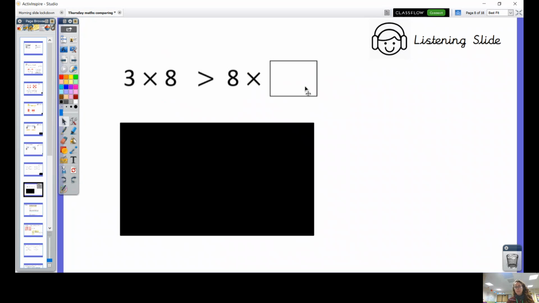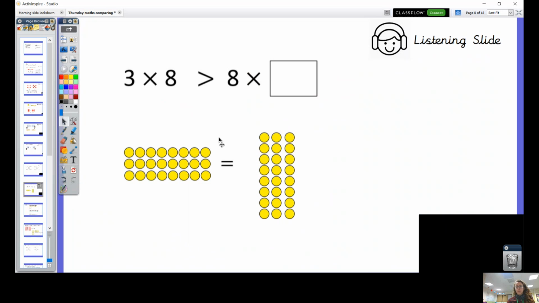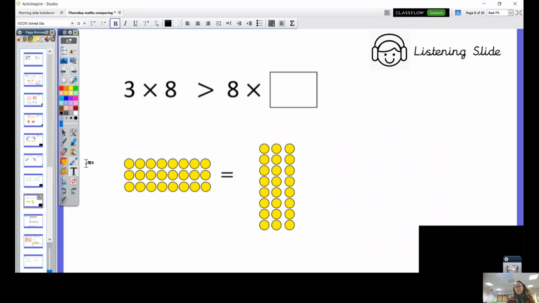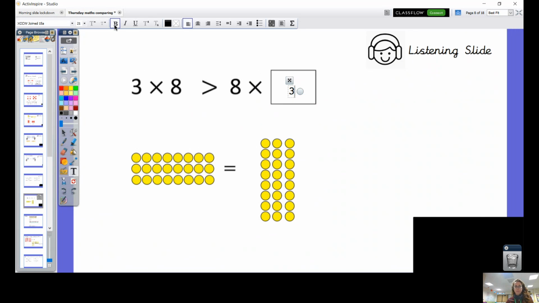We don't know what that number is at the moment. Now, let me show you something. If that number was a 3, let's make that a little bit bigger. If it was a 3, my array would look a bit like this. 3 groups of 8, or 8 groups of 3.